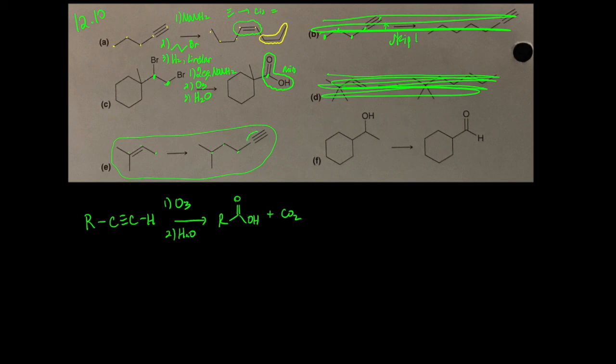I'm adding 2 carbons. So I know I need acetylene. Acetylene looks like this. And this part of the molecule, I need to make that be an alkyl halide.